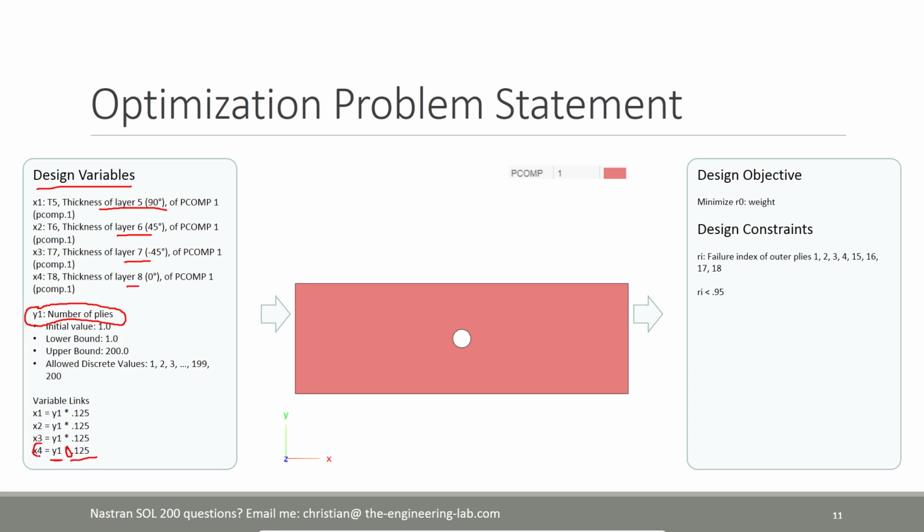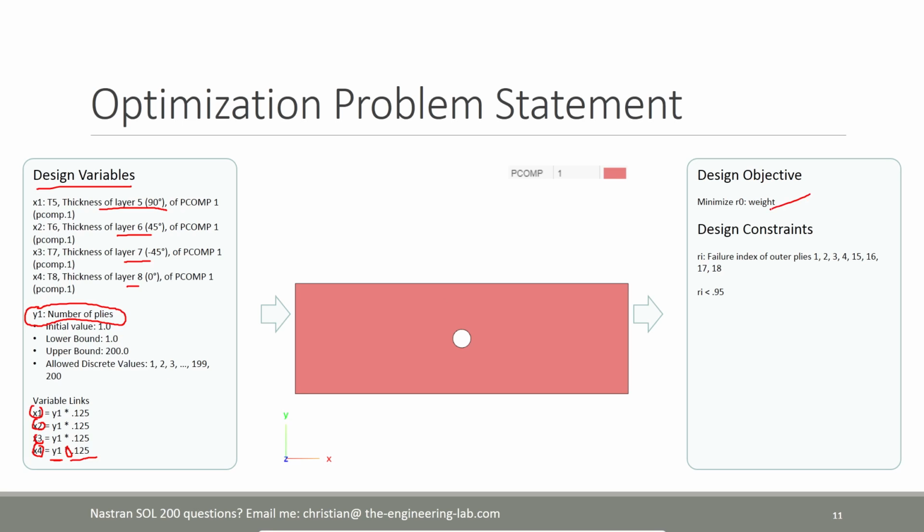And then all of these thickness variables, 1, 2, 3, and 4, are going to equal this product of y1 and 0.125. So again, we're going to create these thickness variables, but then we're going to create this other variable, y1, that's going to be the number of plies variable. And then we're going to relate the thickness with this number of plies variable.